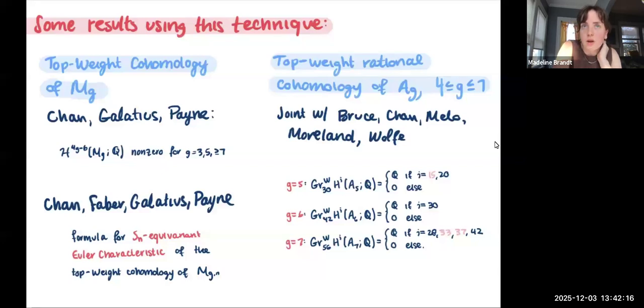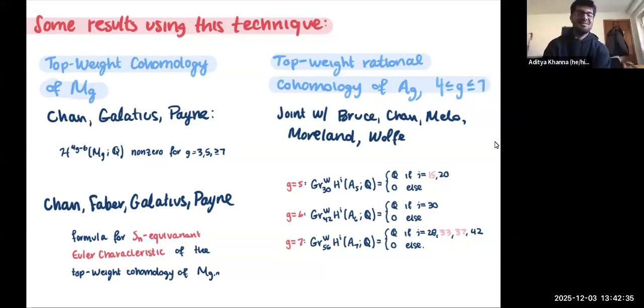So I don't know, but I don't think there's any reason to expect that it would only happen in odd genus. But for now, this is what we know. Was there another question? That pretty much answers my question. I was going to ask how do you generate those numbers, but yeah.